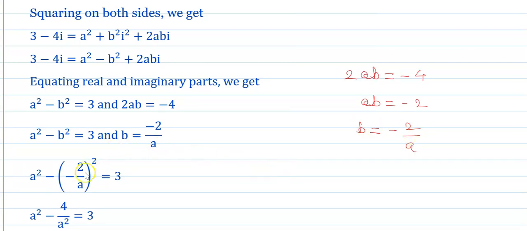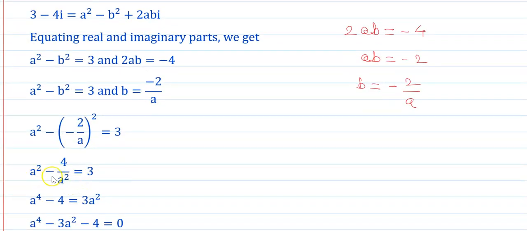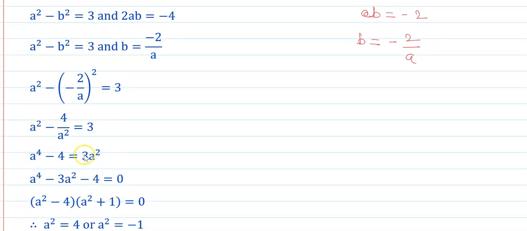Substitute the value of this b in a square minus b square is equal to 3. Replace your b by minus 2 upon a, and therefore you will get a square minus 4 upon a square is equal to 3.